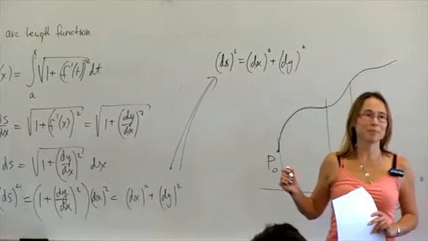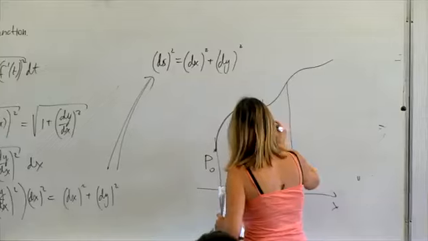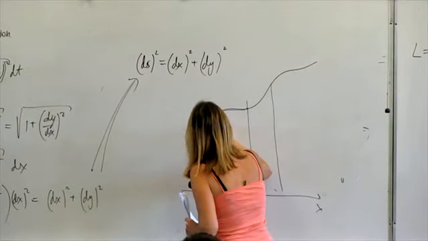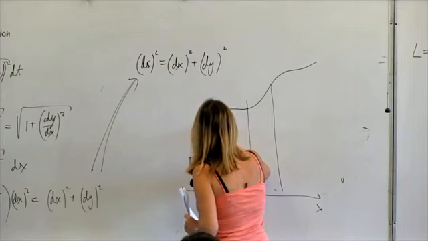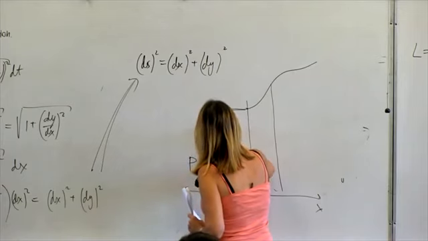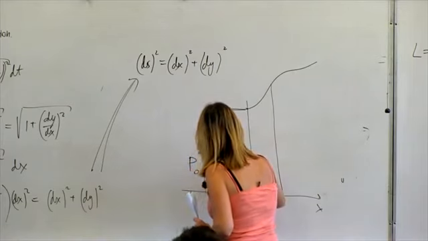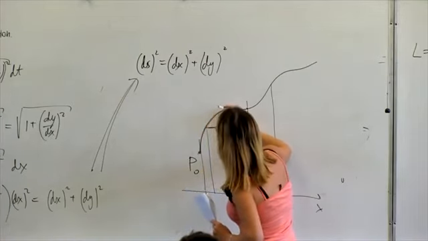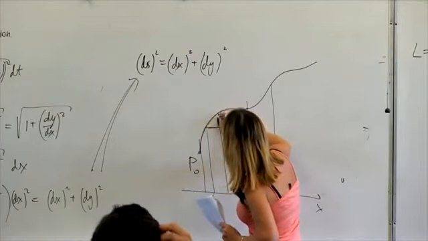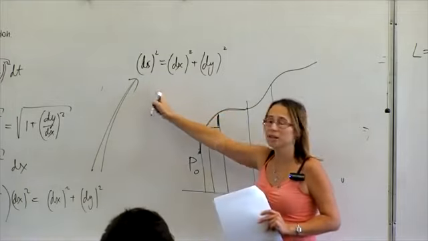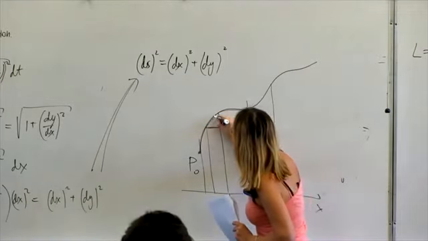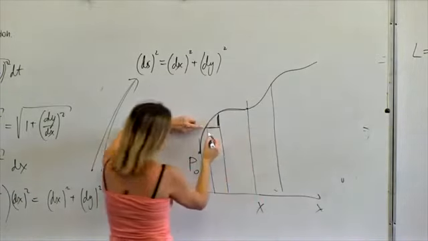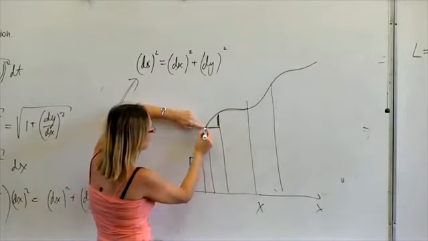This looks familiar, right? Especially if I think of it this way. So dx is an increment in the variable x, like this. dy is the increment in y. And ds is the arc length corresponding to this increment. So let's suppose that my current variable x is here.